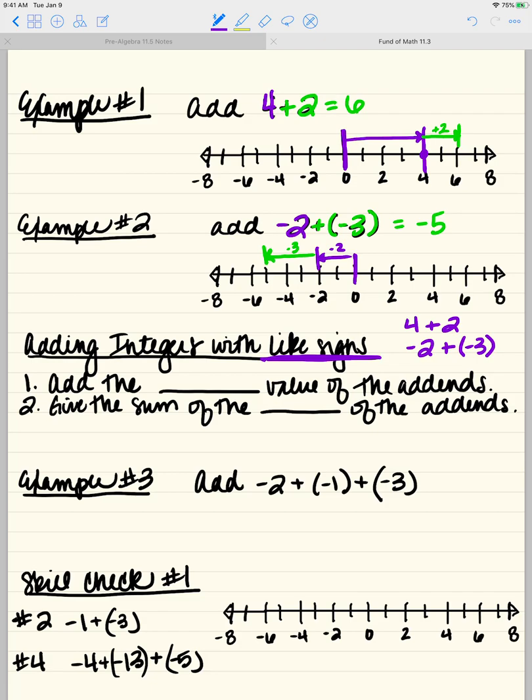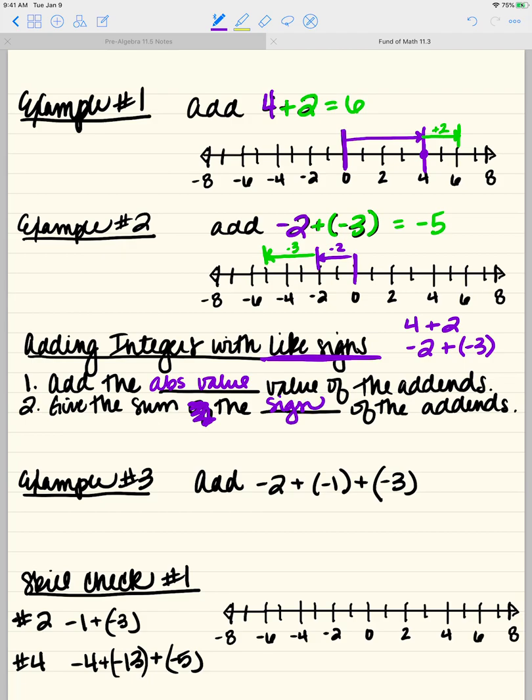So when we're adding integers with like signs, you add the absolute value of the addends, and then you give the sum the sign of the addends.